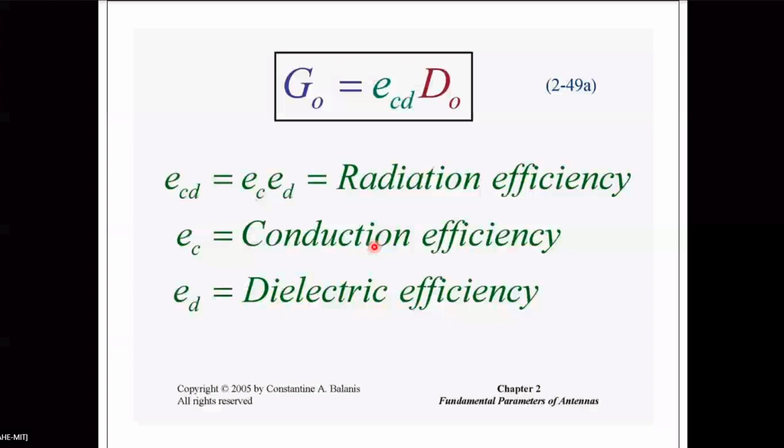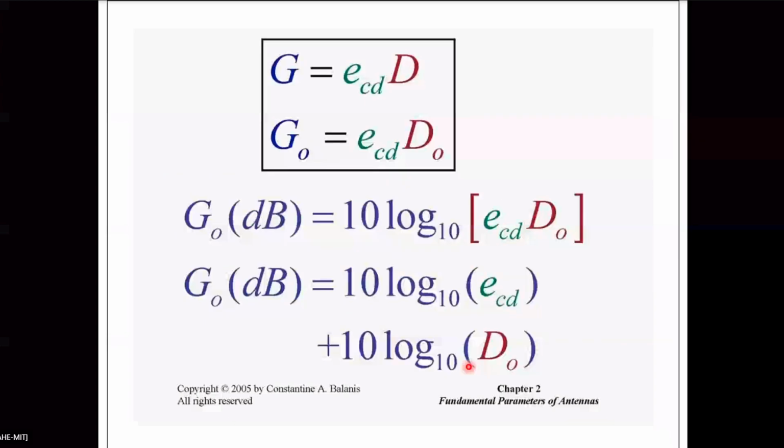G naught is maximum gain. Otherwise, G is similar to D, and G naught is similar to D naught. If you use D naught for the computation, then you get G naught. G is equal to ECD into D, and G naught is equal to ECD into D naught.